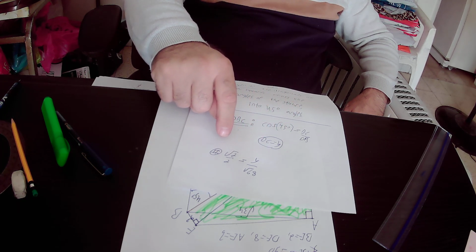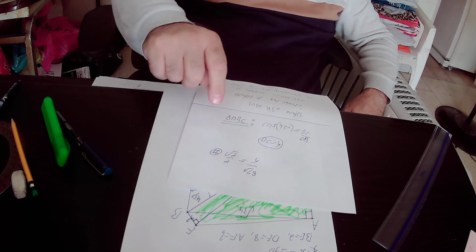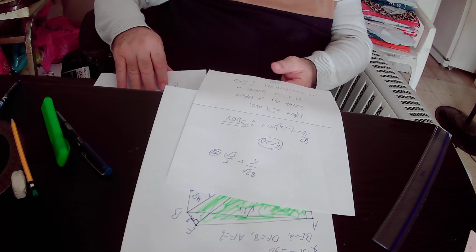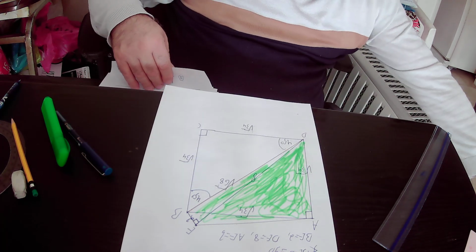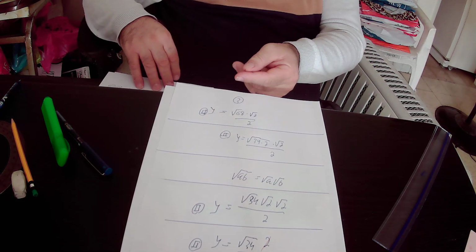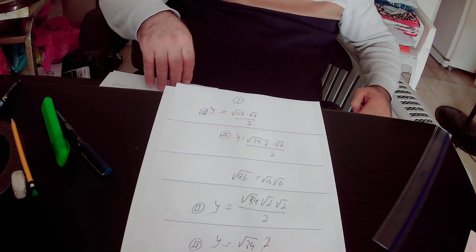So we got that square root of 2 over 2 equals Y over square root of 68. We multiplied equation number 2 by square root of 68 and we got that Y equals square root of 68 times square root of 2 over 2.